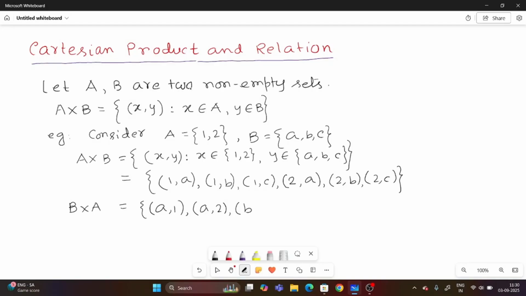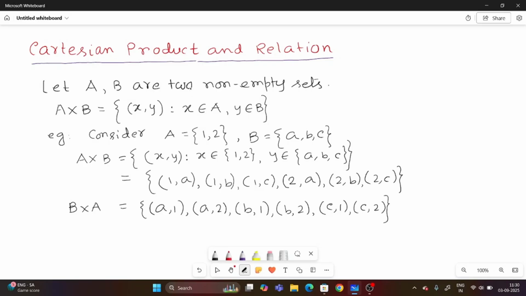Similarly, if we start with b, we will get two options (b, 1) and (b, 2). Finally, starting with c, we shall get two ordered pairs.